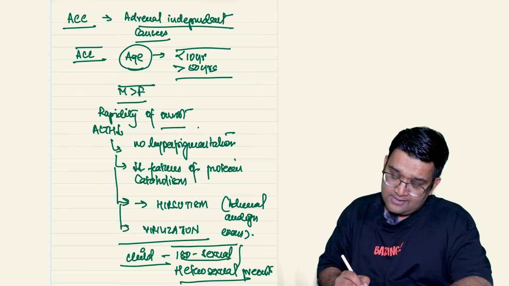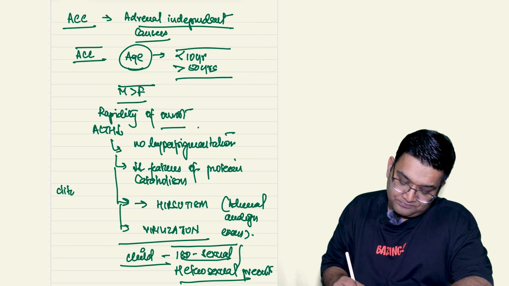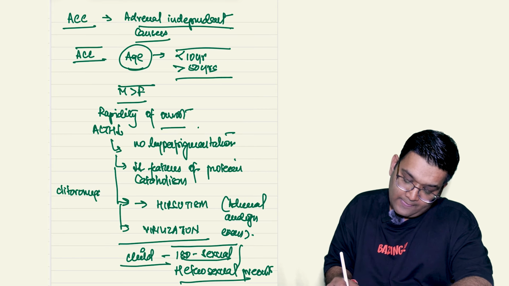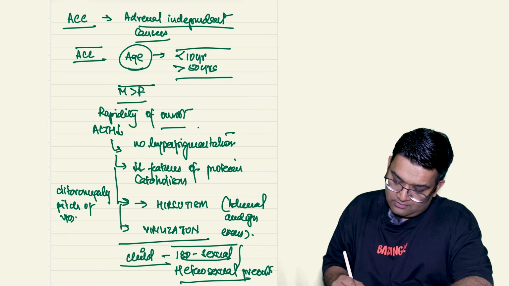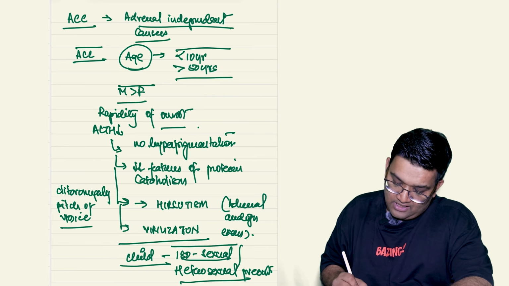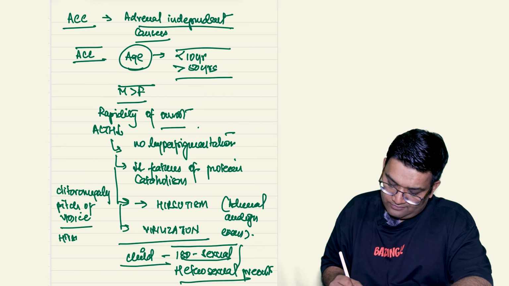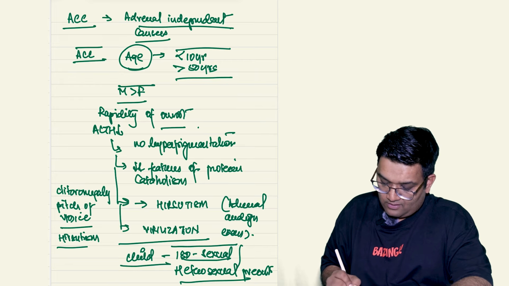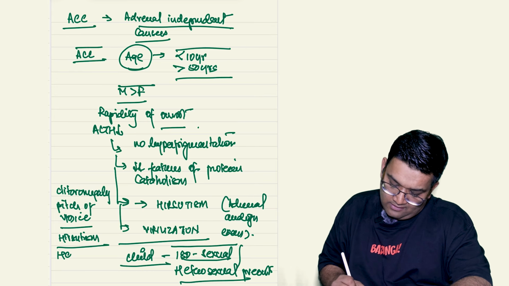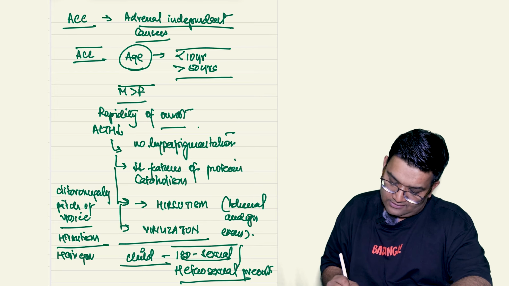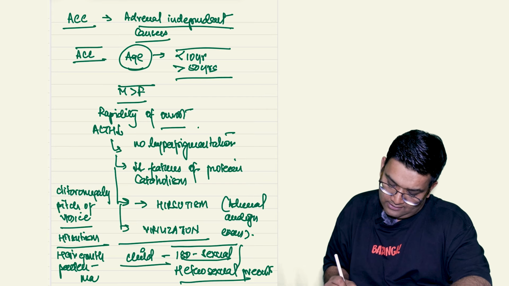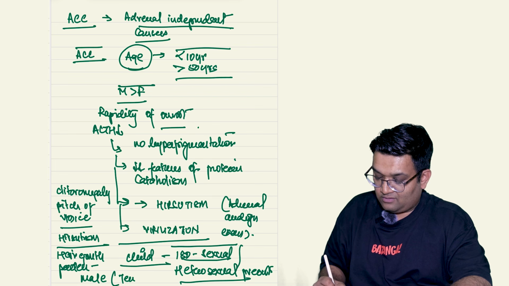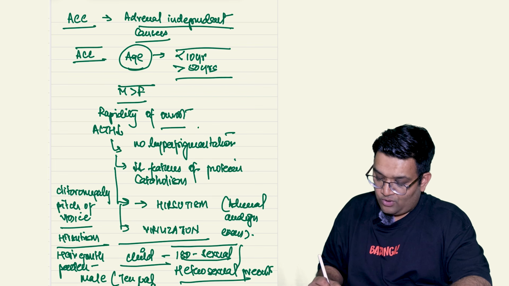Virilization means that there is either clitoromegaly, the pitch of voice is changed, there can be hirsutism, the hair growth pattern is going to change to male pattern, that is temporal balding is going to occur.